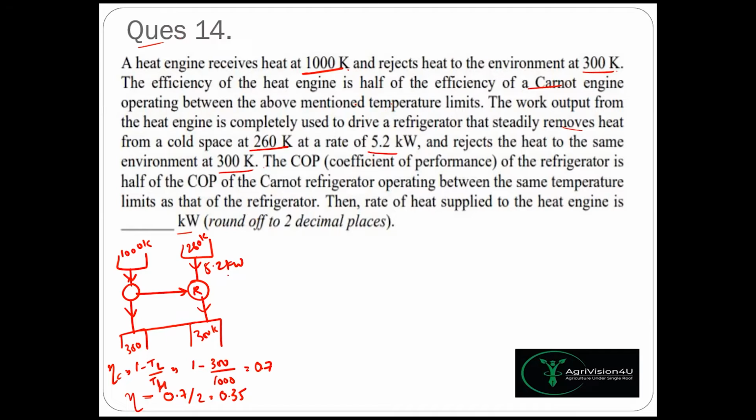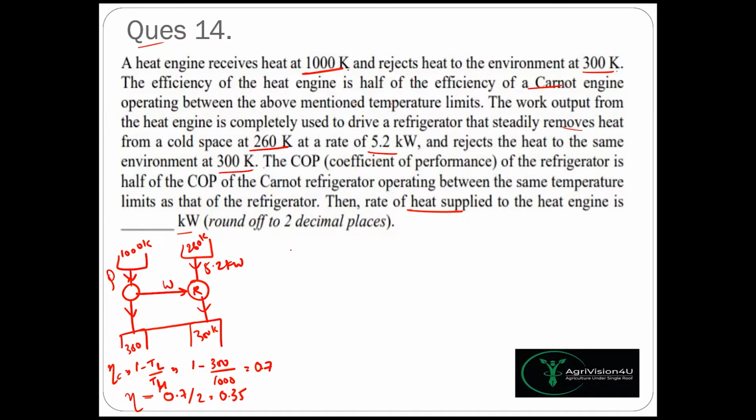Fine. And what we have to find out is the rate of heat supplied to the heat engine. That means we have to find out Q, the amount of heat that is being supplied to the heat engine from the source.